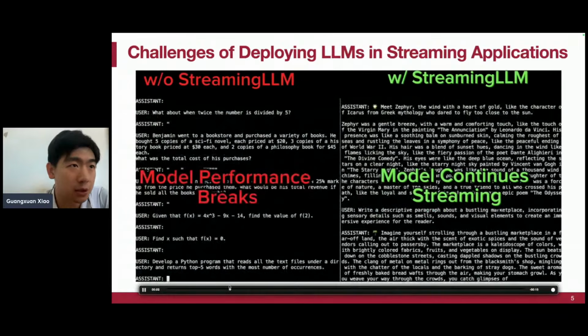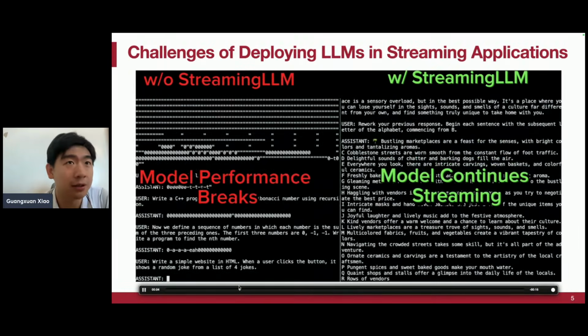And you can see that, quality-wise, the model performance breaks. The model starts to output nonsense tokens like zeros, commas, and semicolons, which are just not language.